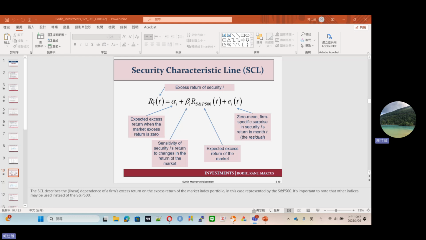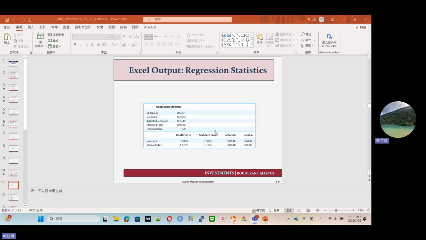Of course, if you are focusing on one stock, for example Amazon, we can include a very long time series of data so that we can run the regression.